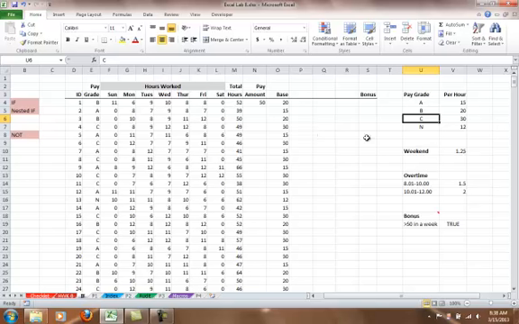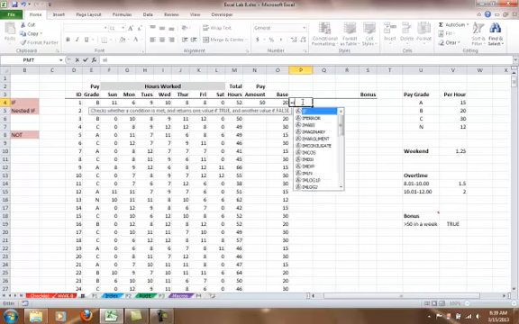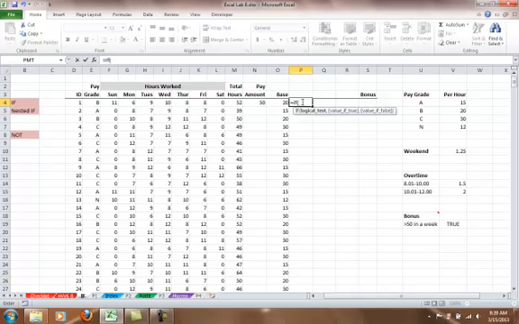Now, each day has to be treated separately because the overtime is based on how many hours you work in a day. So obviously we have to break this up into 7 steps. So we'll just start with Sundays here. Equals IF. Now we have to check to see how many hours they worked.